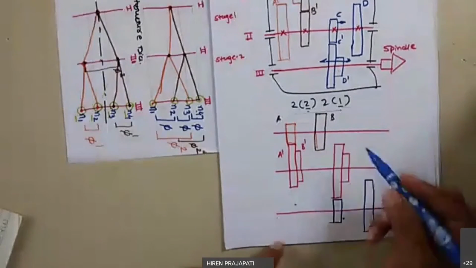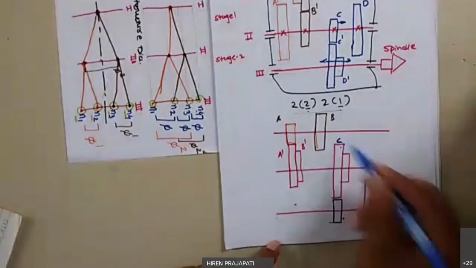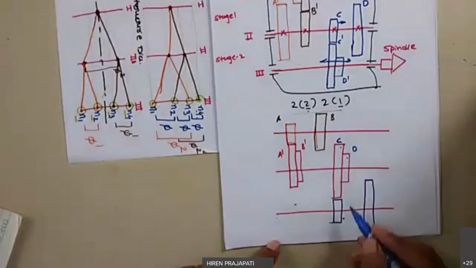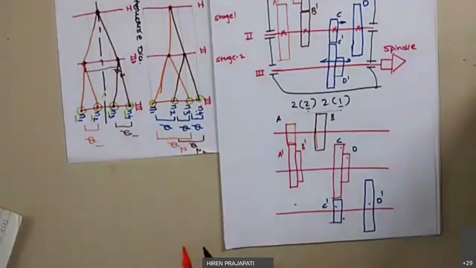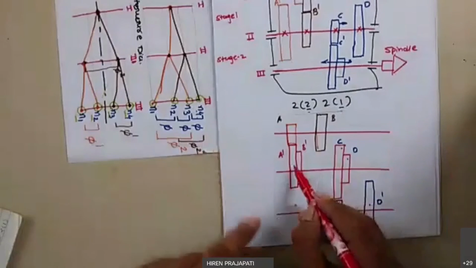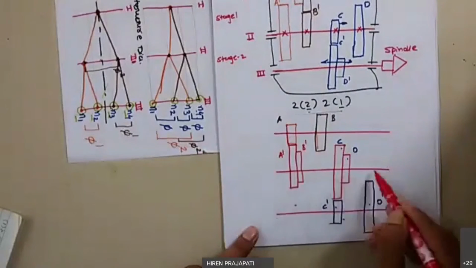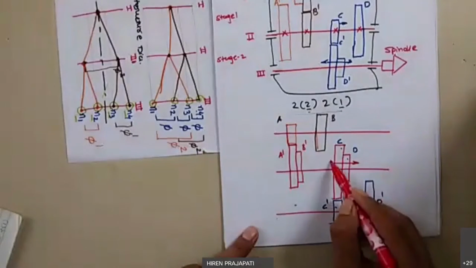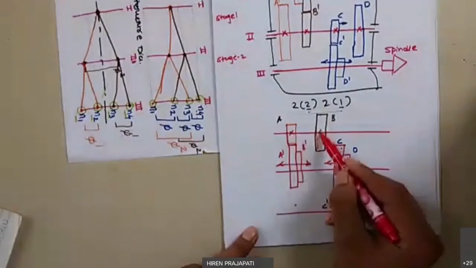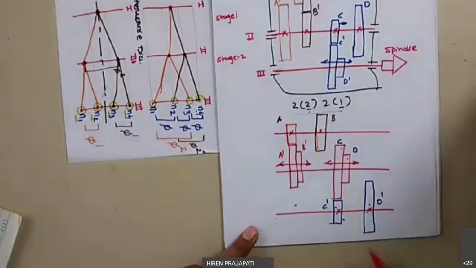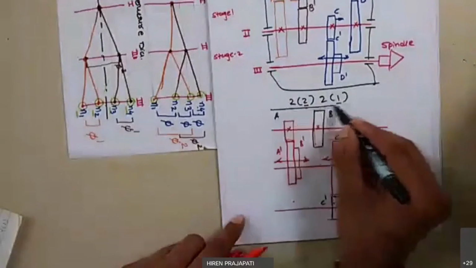I call this gear C and this gear D, and this gear C dash and this gear D dash. What change have I made here? Here I consider only the intermediate shaft as a spline shaft, and both the gear clusters are mounted on the intermediate shaft. This input and this output shaft are solid shafts, and on these solid shafts I have considered fixed gears, right? And now I am just offering one casing.